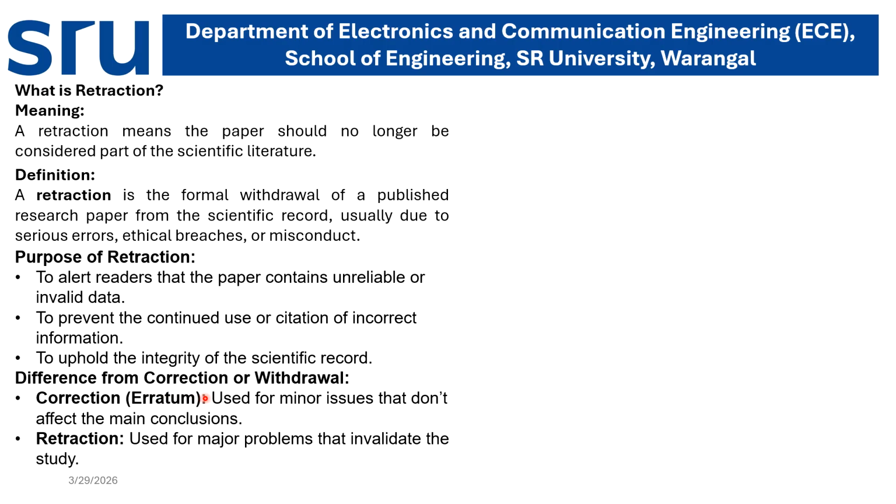Differences from correction or withdrawal. Correction means errata, used for minor issues that don't affect the main conclusions. Retraction is used for major problems that invalidate the study.